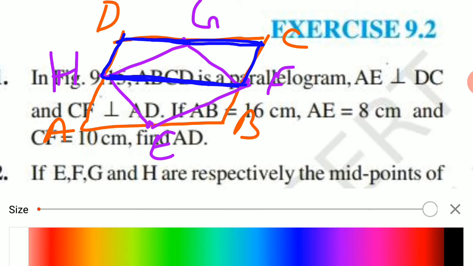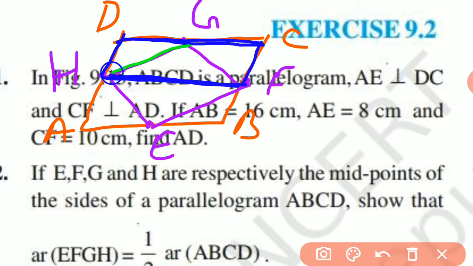So the area of triangle, this is triangle, the area of a triangle on the same base and between the same parallels is half of the area of the parallelogram.